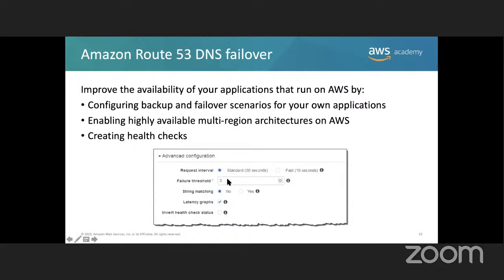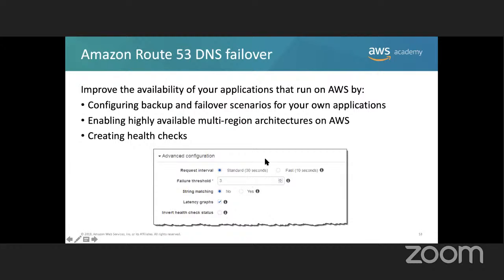The failure threshold is how many failures it will tolerate. Then you can set string matching, like something in the header of the request; no, you don't want any string matching. Latency graphs will show you how slow your system is performing. And invert health check status: no, you're not checking that.